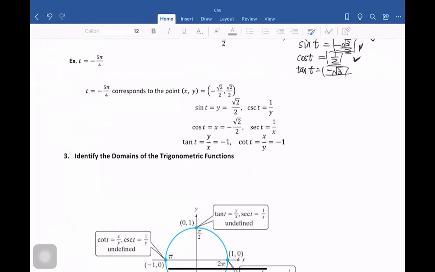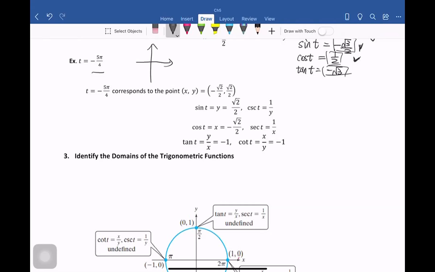They give us t equals negative 5 pi over 4. So I'm going to find where negative 5 pi over 4 is. When I see this angle, I don't like this kind of angle, so I can split it into 2 parts. One part is pi, another part is pi over 4. So negative pi subtract pi over 4 equals negative 5 pi over 4.